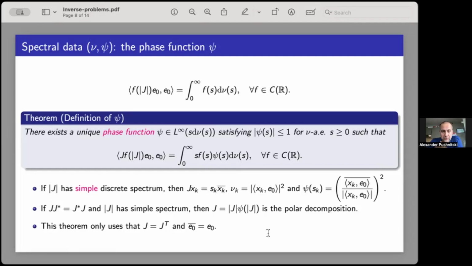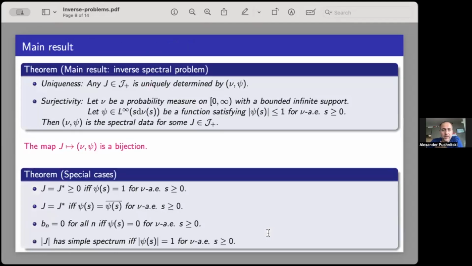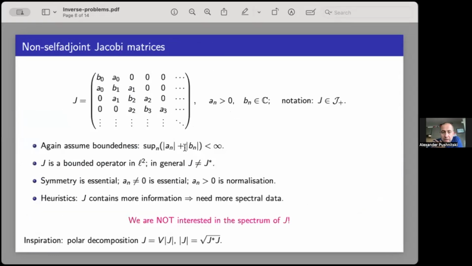Okay, so finally, we are coming to the main result, half an hour into the talk. Remember that J plus, let me go back. This J plus was my notation for the set of Jacobi matrices that are bounded. The off-diagonal elements are positive, and the elements on the diagonal are complex.